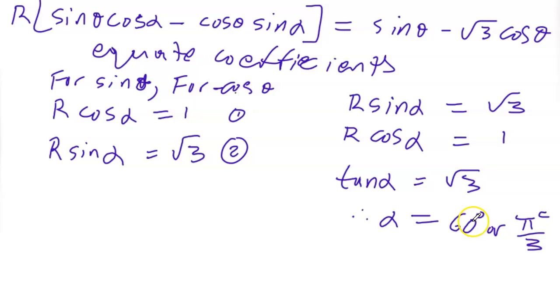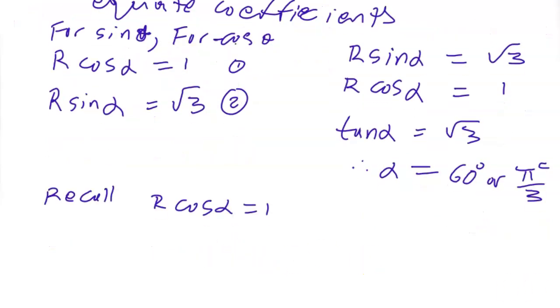Now, I need the value of r. We can use whichever equation. Recall that r cos alpha is 1. We know alpha is 60 degrees, so r times cos 60 degrees is 1.